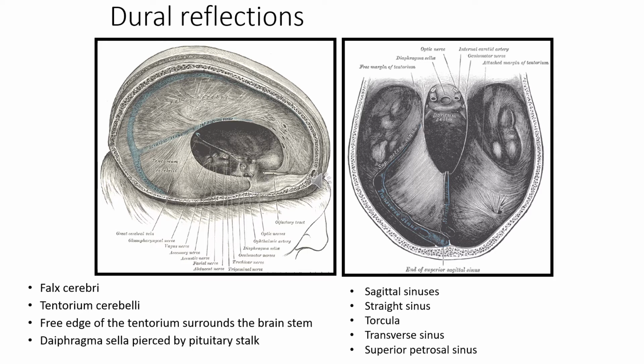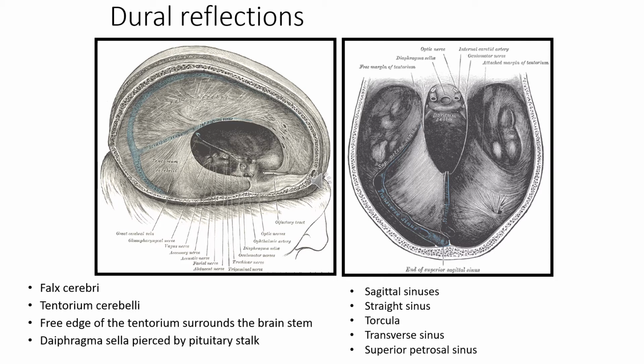This is the space which causes severe problems when there is intracerebral edema and brain swelling, and you can get herniation and compression through this small space. We can also see the diaphragma sellae. So this is the dural reflection over the roof of the dorsum sellae, containing the pituitary fossa and its contents, and we'll discuss those in more detail.